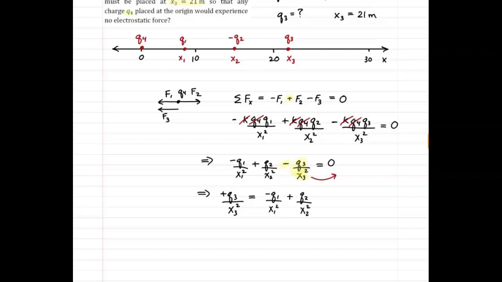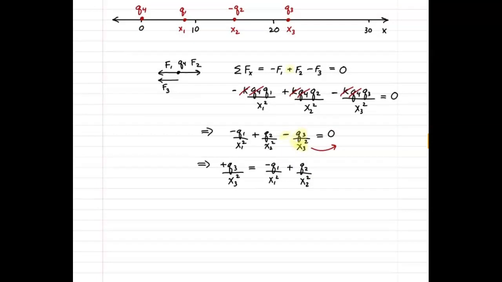Okay, and the last step to get Q3 will be multiplying everything by X3 squared. That'll cancel the X3 on the left here. Q3 equals X3 squared over Q1 over X1 squared plus Q2 over X2 squared, close parentheses.